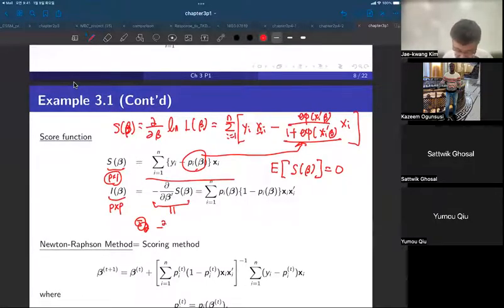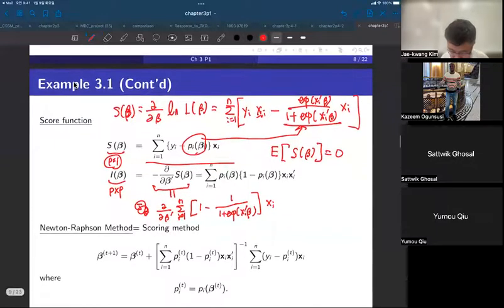So that is the summation from i equal to 1 to n of exp(x_i' beta) over 1 plus exp(x_i' beta), minus 1. I just want to avoid applying the chain rule.